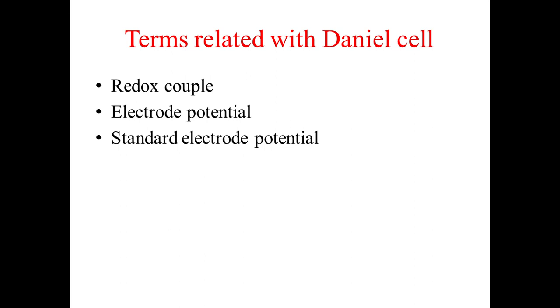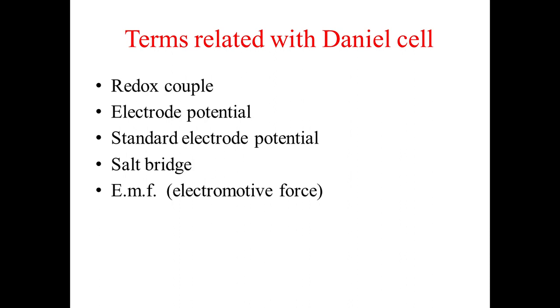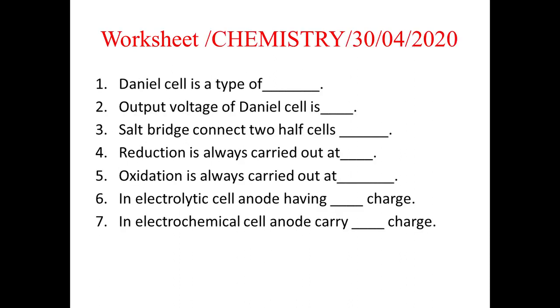Standard potential means that the measuring of this electrode potential is carried out at standard condition, like temperature 298 Kelvin and 1 atm pressure. That is the standard condition. Next is the salt bridge that we already discussed. EMF is electromotive force.